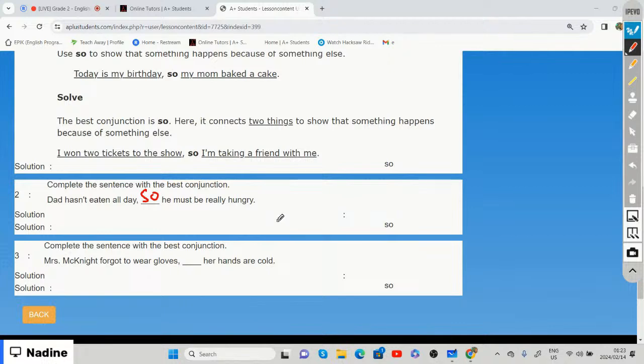So we use the word so, which is to show that something happens because of something else.